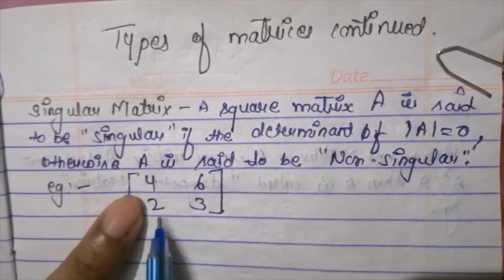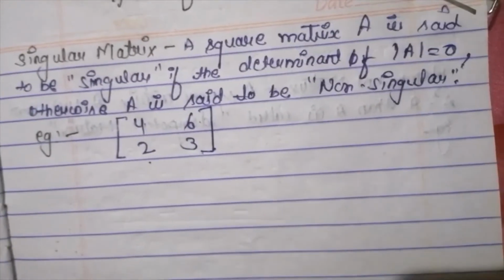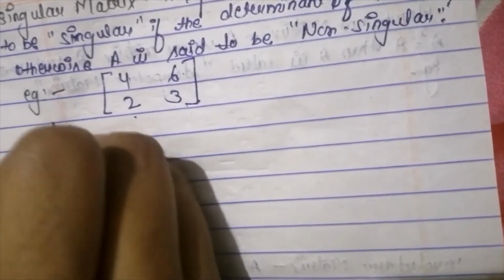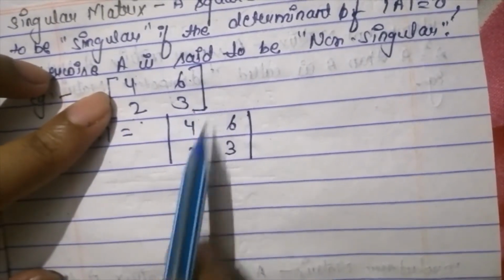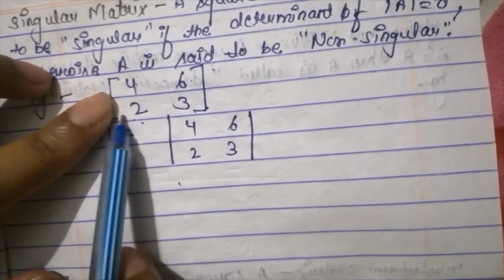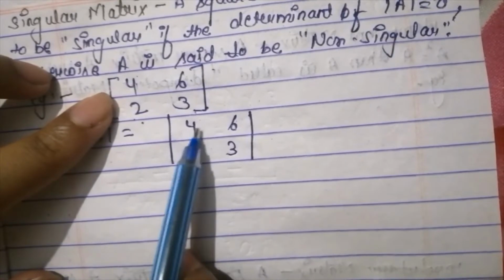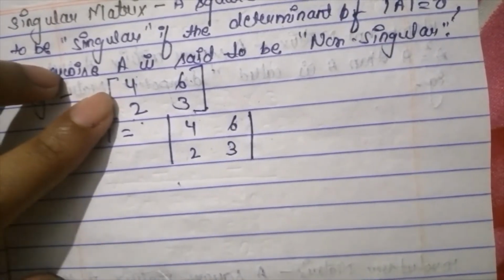For example, if we take the matrix 4, 2, 6, 3. Now we will calculate the determinant of A. For calculating the determinant, we will write the matrix as it is given in the question, that is 4, 2, 6, 3.